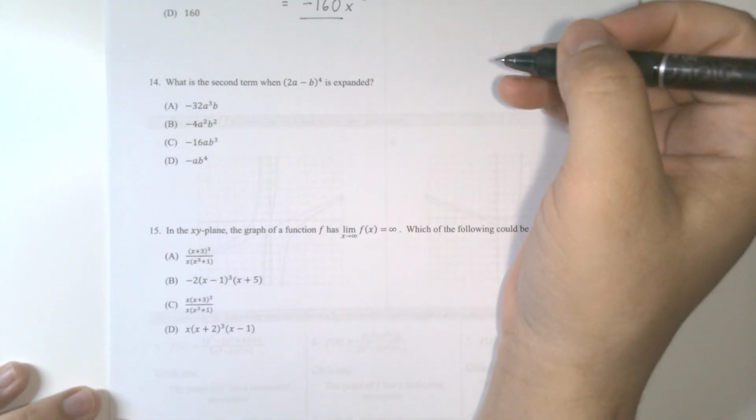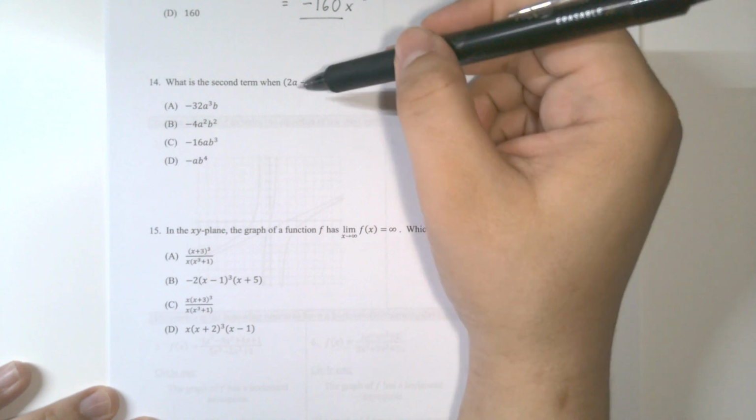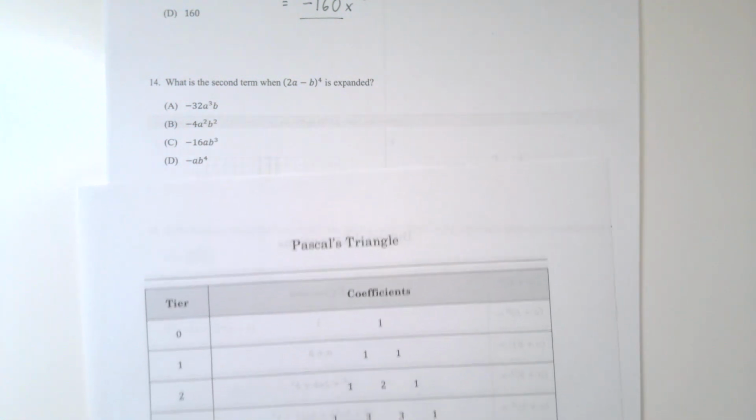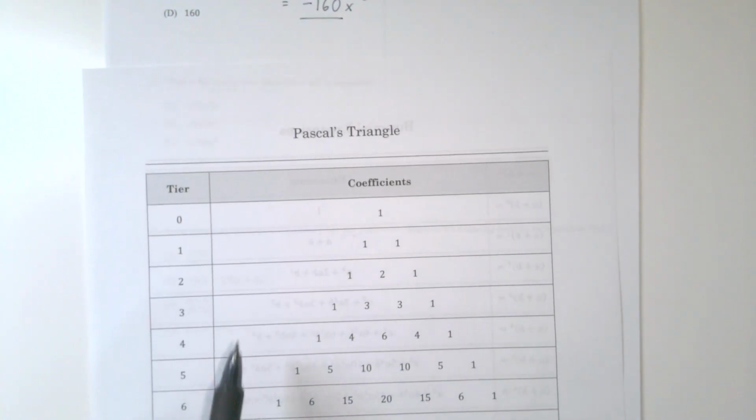What is the second term when 2a minus b to the fourth is expanded? So it might look a little bit different now because now we have a variable and a variable, but that's okay. So first, look at our triangle. We're looking for the second term, and we're raising something to the fourth power. So we look at tier 4, and first term, second term. So our leading coefficient is 4.